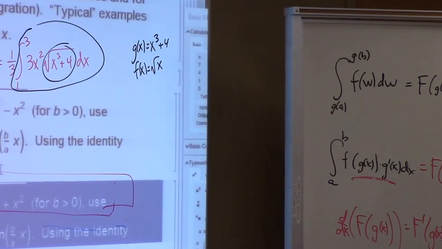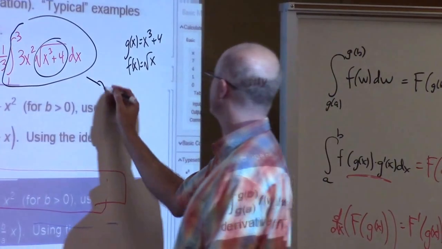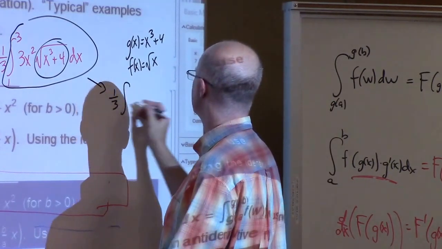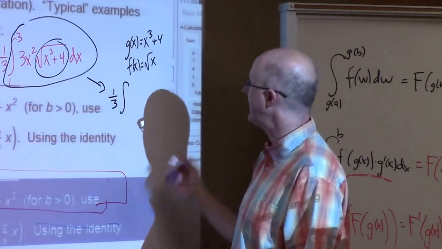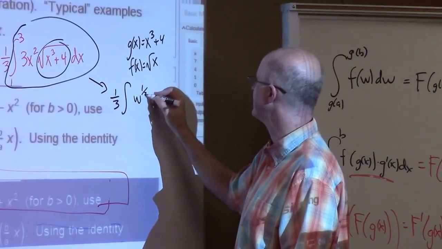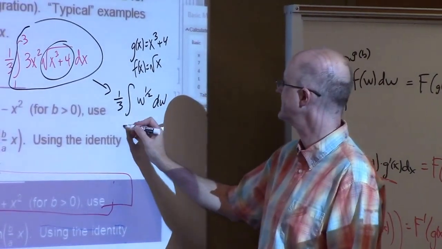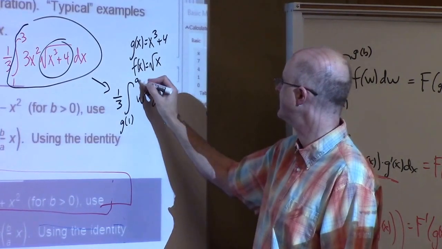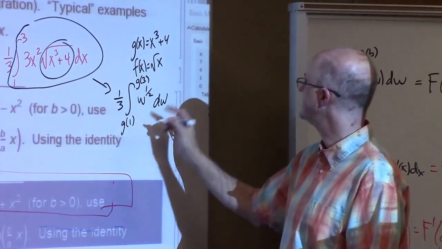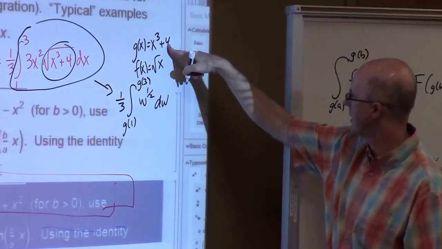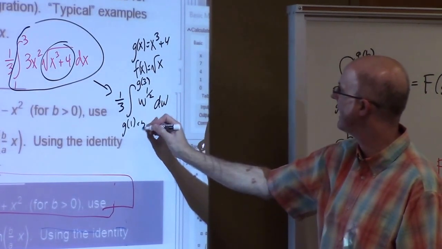And then when we do the substitution, again, let's just leave the 1/3 out in front, we really end up with f of w, which is w to the 1/2, square root of w. And if I change my limits of integration, this is going to be g of 1 and g of 3. G of 1 is what I get when I plug x equals 1 in here. That is going to be 5.